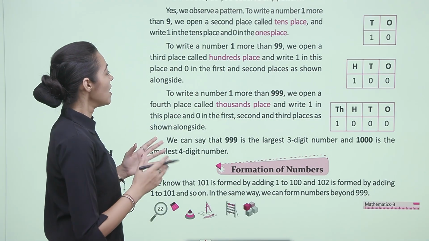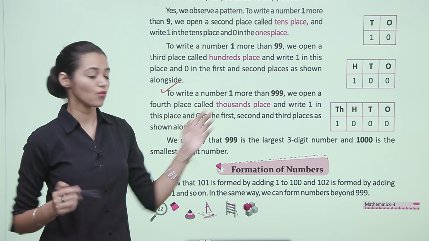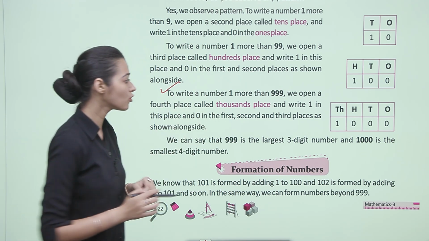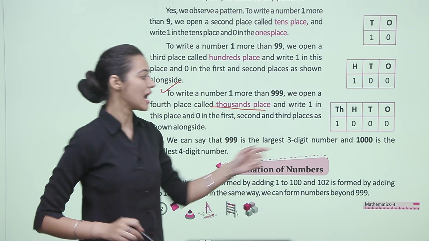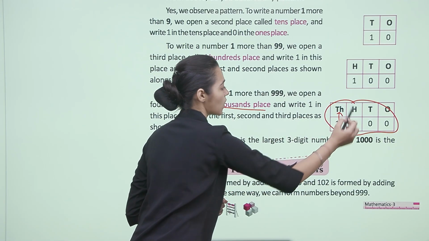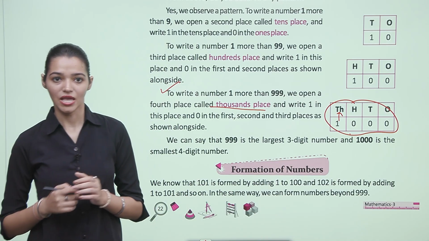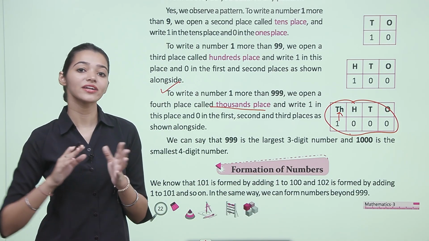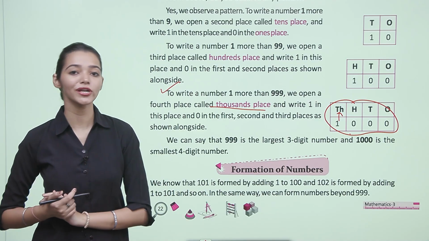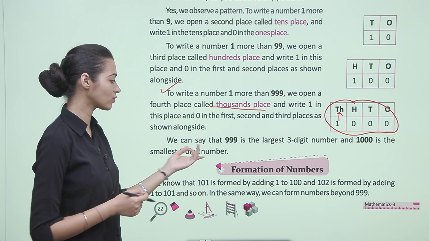Now to write a number 1 more than 999, we open a fourth place, the thousands place, and we write 1 in the thousands column and write 1000 like this. Now 999 is the largest 3-digit number. Similarly 1000 is the smallest 4-digit number that we know so far.